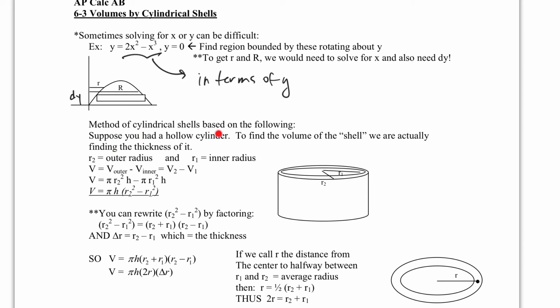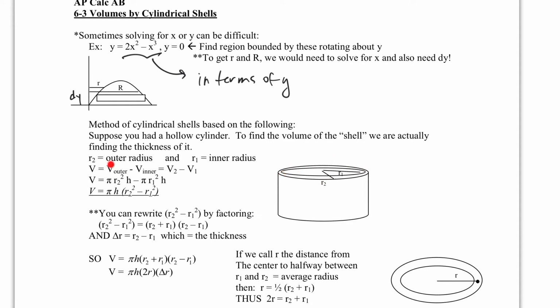It's called cylindrical shells, and it's based off the following situation. Suppose you had a hollow cylinder. So if I rotate this around, I'm creating this hollow cylinder, and I've got this larger radius and this smaller radius right here. And I want to find the thickness right in here of this shell.